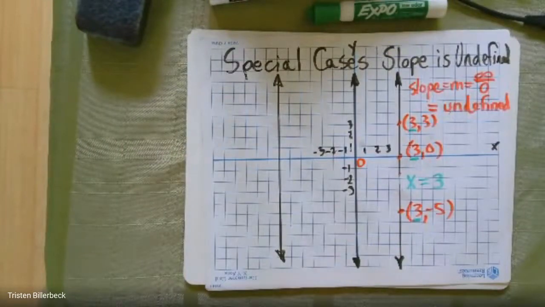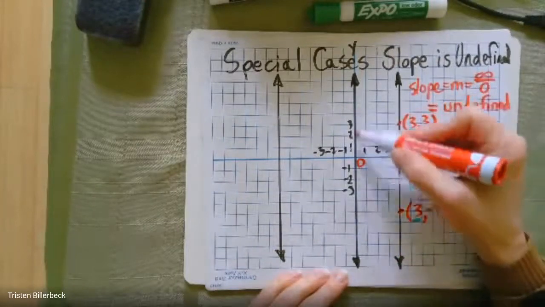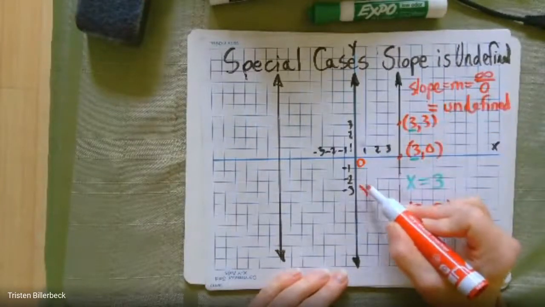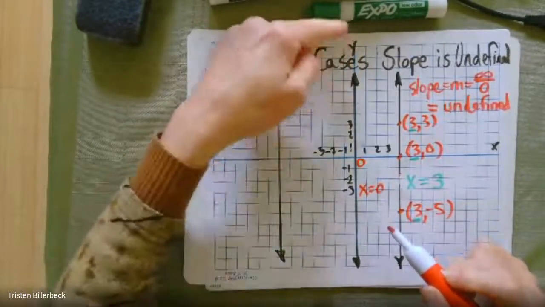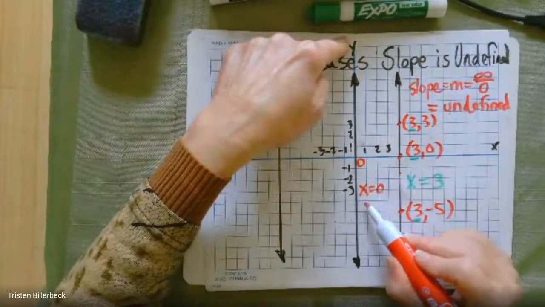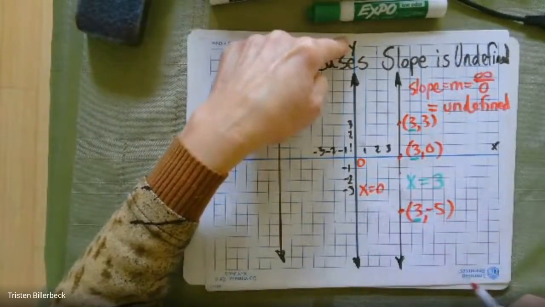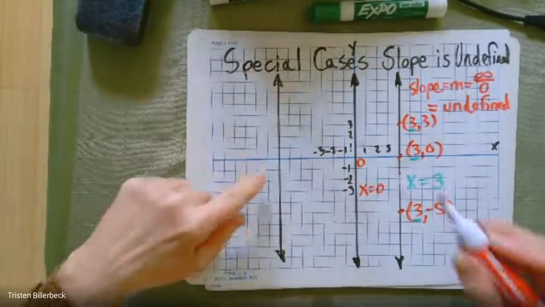So we can guess what this one is. If it goes through 0, this is going to be x equals 0. And isn't that funny? This is the y-axis, and it's defined by the equation x equals 0.